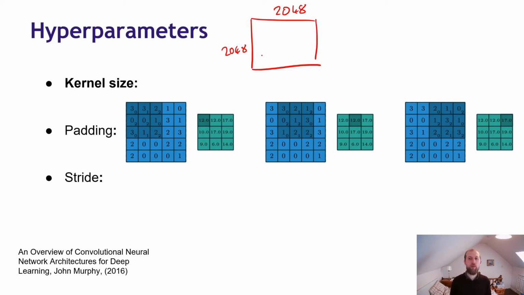So this might be a way that you could sacrifice a little bit of performance, but be able to actually train your neural network much, much faster.